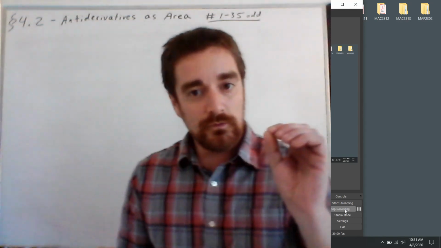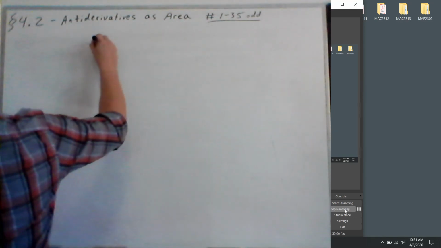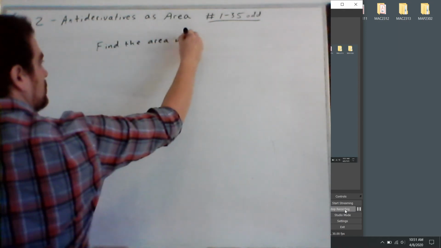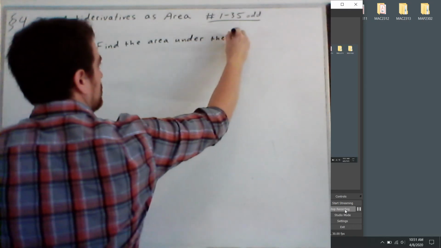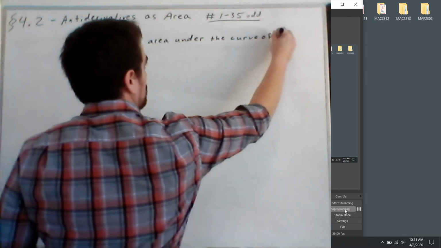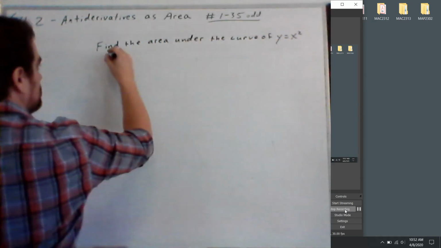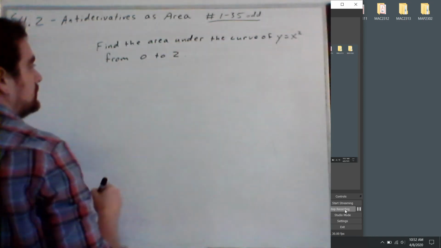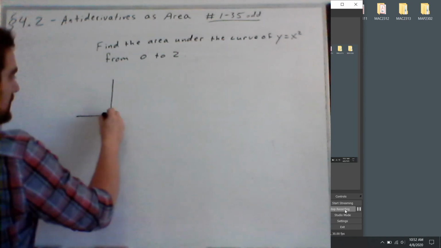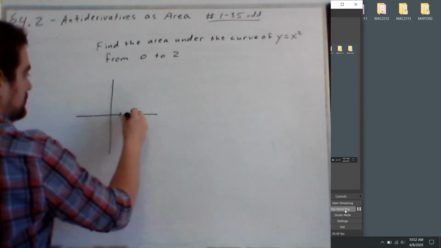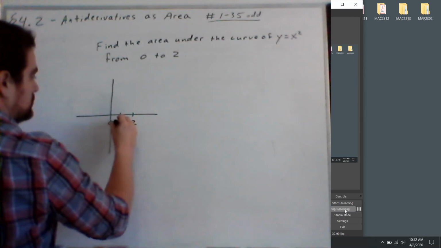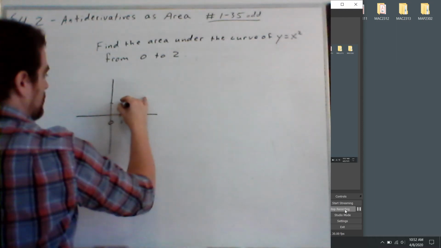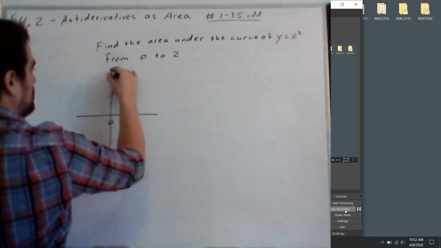But just to give you a small taste, if we want to find the area under the curve of y equals x squared from 0 to 2, that would ask us to find the area underneath this parabola shape from 0 to 2, which we all know if we plug in 1 and square it, we get 1, but if we plug in 2 and square it, we get 4.